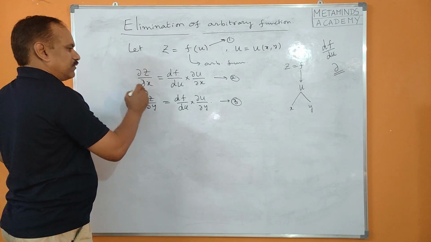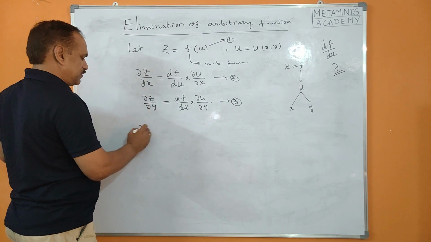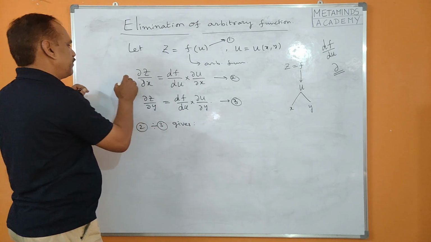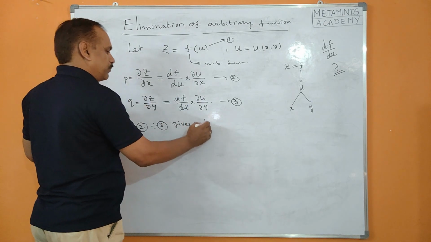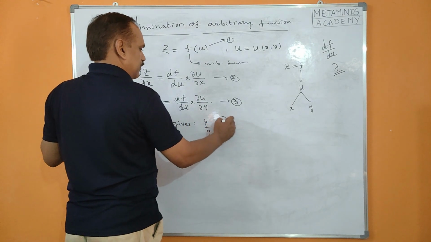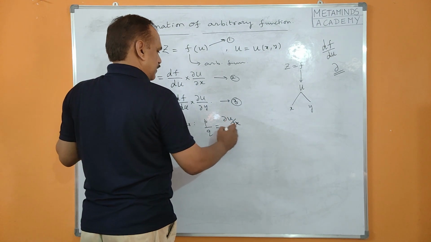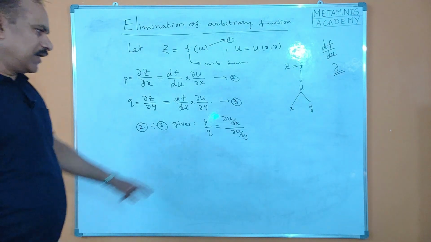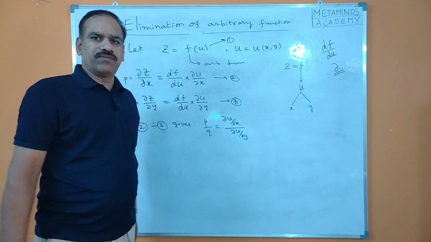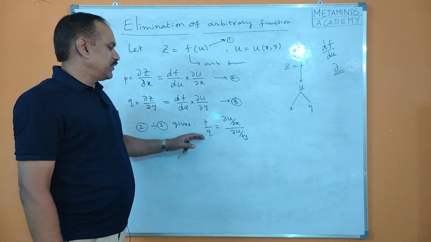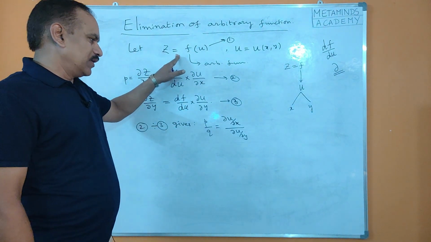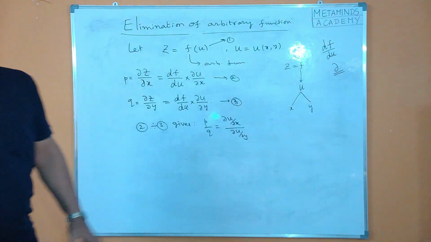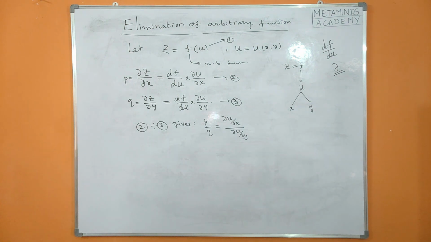If you divide equation 2 by 3, dou z by dou x is p and dou z by dou y is q, so p by q is dou u by dou x divided by dou u by dou y, because df by du is cancelled and in this you do not have any f. Sometimes we take the help of the given equation 1 also to eliminate the function f. That is the procedure to eliminate the arbitrary function present in the given equation.